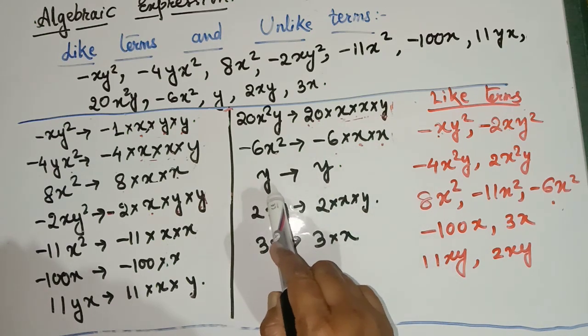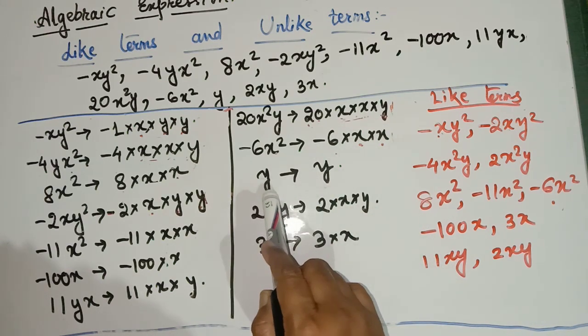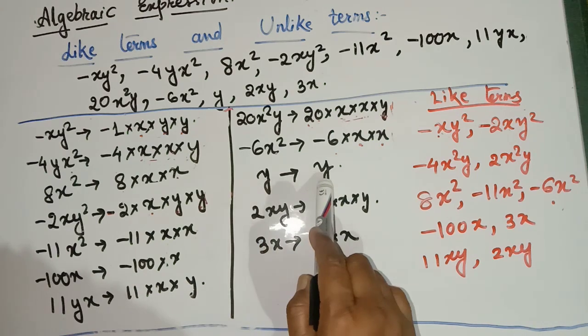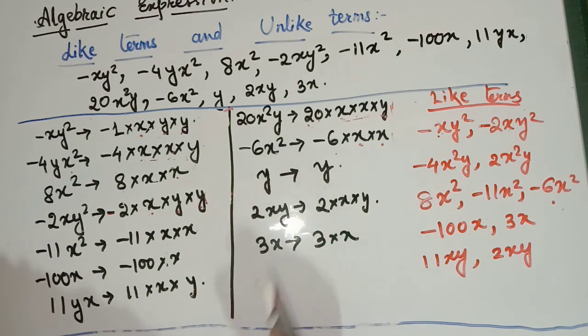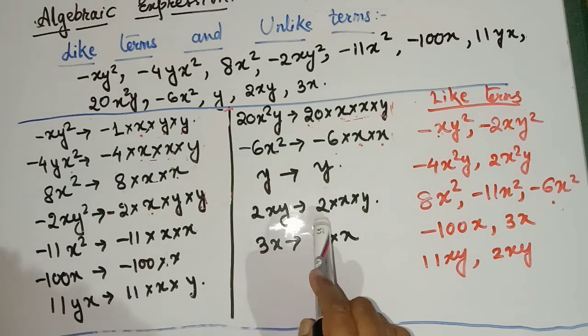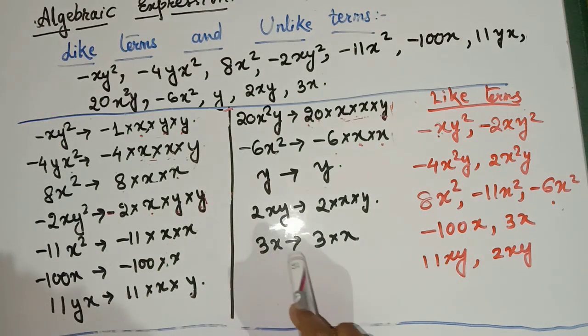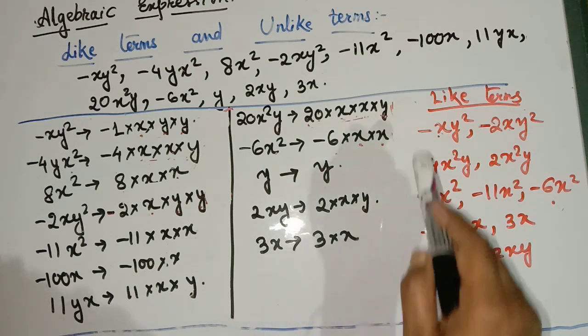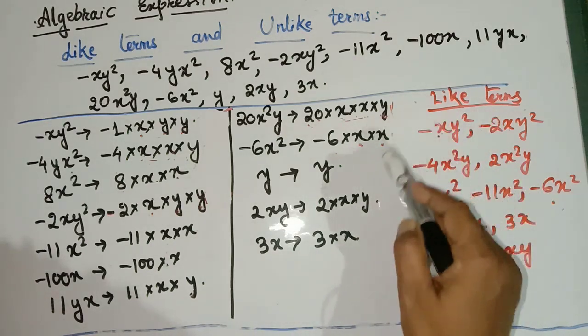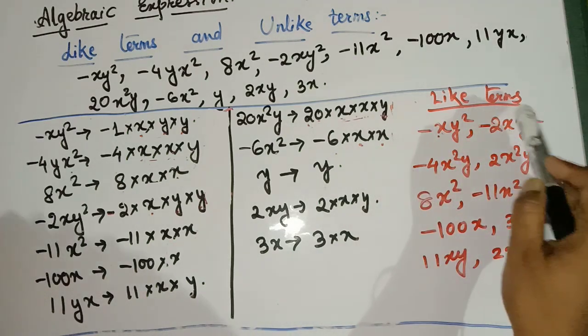Y, only a single factor is there, so write here y. Now 2xy, so write as 2 into x into y. Similarly 3x, so it is equal to 3 into x. So what are the like terms? Now you have to collect the like terms.